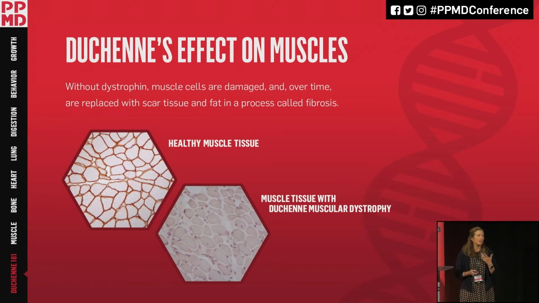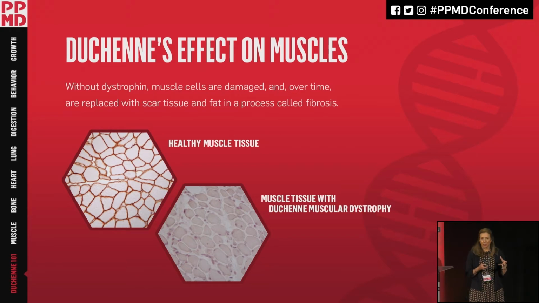So you might hear about some of the therapies being developed to combat fibrosis. The pictures here on this slide are showing what muscle tissue looks like if you were to look through a microscope. A lot of boys now don't get a muscle biopsy when they're diagnosed, but you may eventually get one if they're participating in a clinical trial.